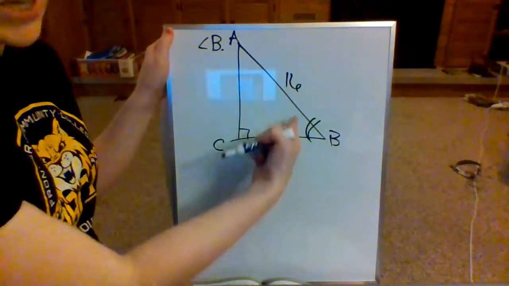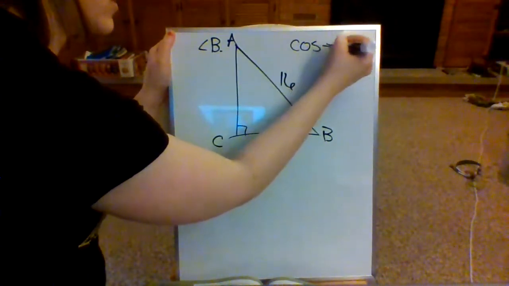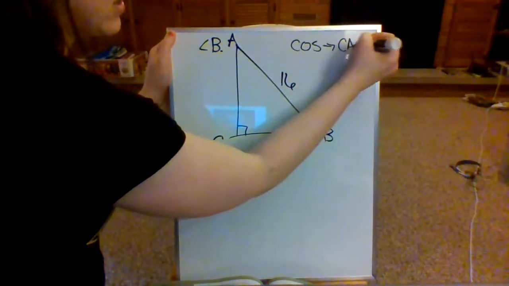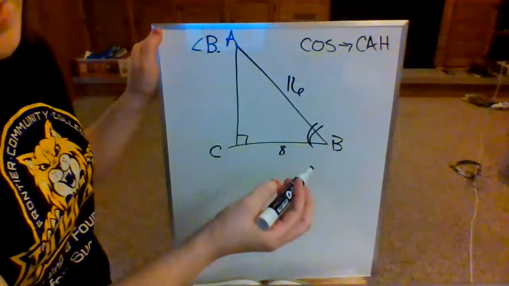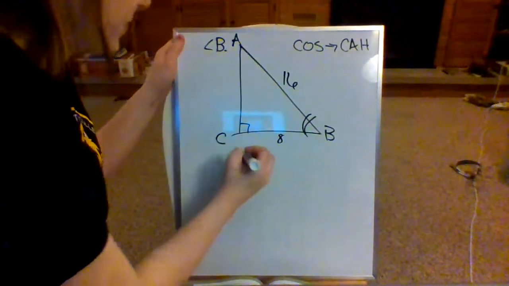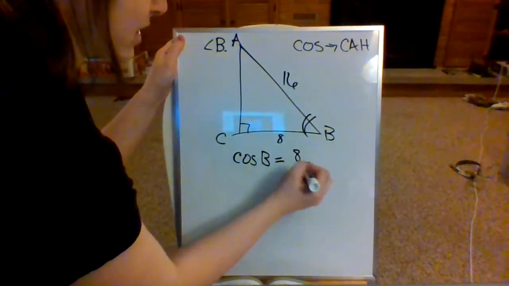So adjacent and hypotenuse is cosine, because in your SOHCAHTOA it is CAH. So adjacent and hypotenuse. Okay, so we're going to have cosine B equals 8 over 16.